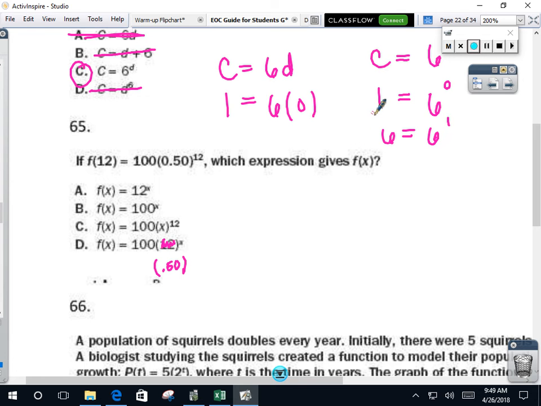It's D, obviously. Okay, since I had to change it. If you're just going back and putting the X beside the F, then doesn't that mean right here where there's a 12, you need to go back and put an X there, and then that should have been a .50 in there? So it's D. All you're doing is going back and taking the 12s out and putting X's back in those places, which is what D did. All right, number 66.